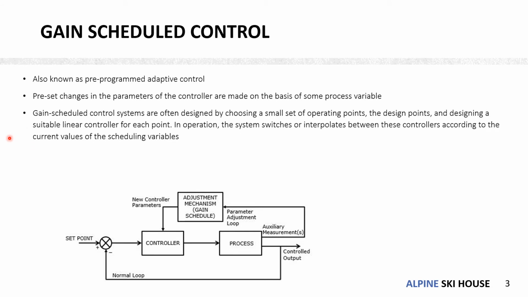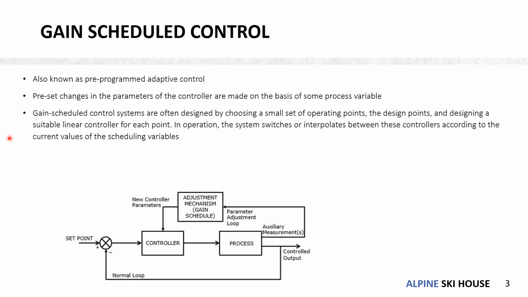The gain scheduled control systems are often designed by choosing a small set of operating points and designing a suitable linear controller for each point. That is, the values of the monitored variables are grouped into small sets, and for each set of values of the variable, a suitable linear controller or a control response is assigned.